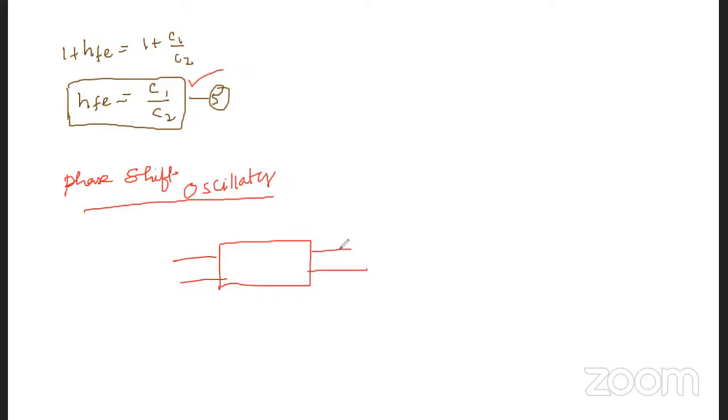We can take some part of the output as input, which we call feedback. Already we have seen this: this is the input, this is the output, and this is the amplifier circuit.